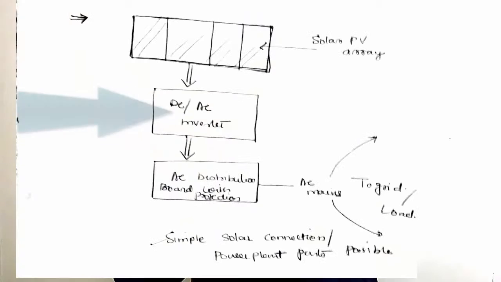The energy obtained from the solar panels or the solar array will be DC energy, so you will need to store the DC energy in a battery, and you will need to convert that energy to AC energy so that it can be used with your equipment.